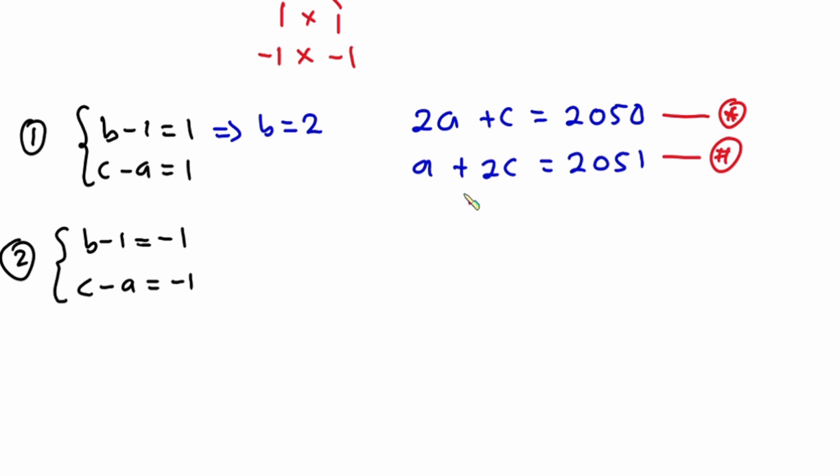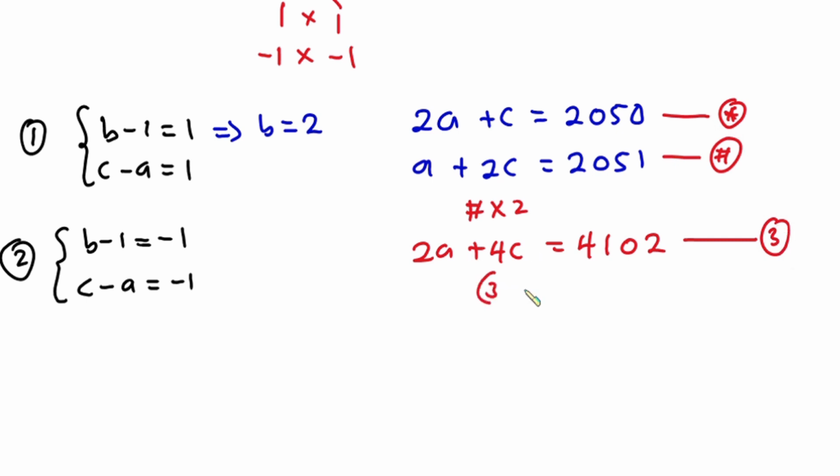Now let's multiply equation hash by 2 so that we get 2a plus 4c is equal to 2051 times 2, that is 4102. Awesome. Let's call this equation 3. Now let's take equation star from equation 3. So we have equation 3 minus equation star.